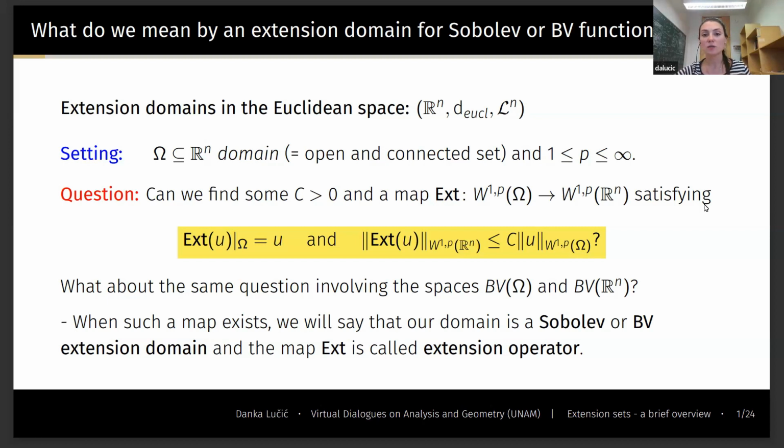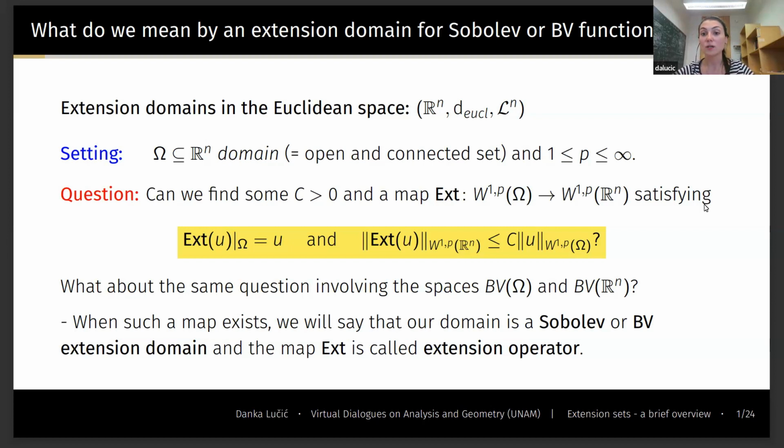The same question can be phrased by using just the space of functions of bounded variation, so BV functions over Ω, and BV functions on R^n as the target of our operator.